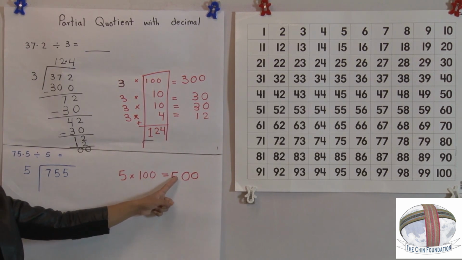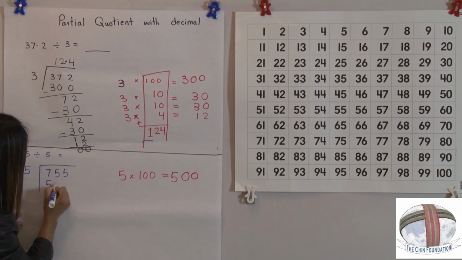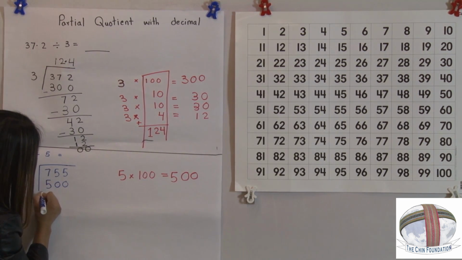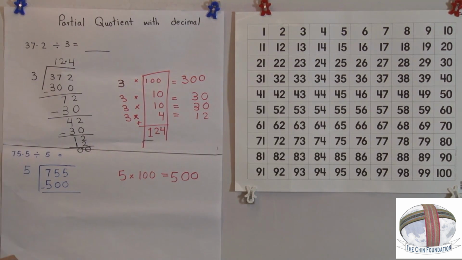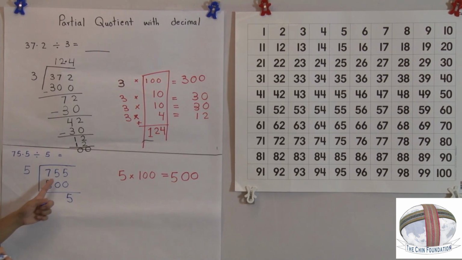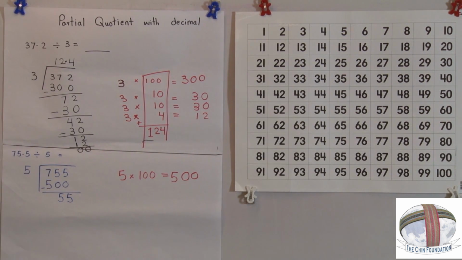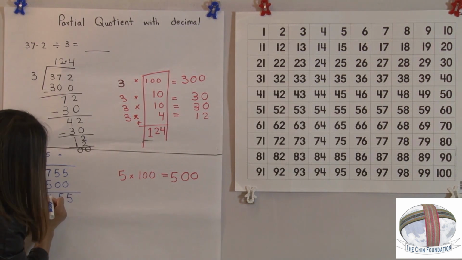Okay, this number we need to put right here, which is 500. Minus, 5 minus 0 is 5. 5 minus 0 is 5. 7 minus 5 is 2.